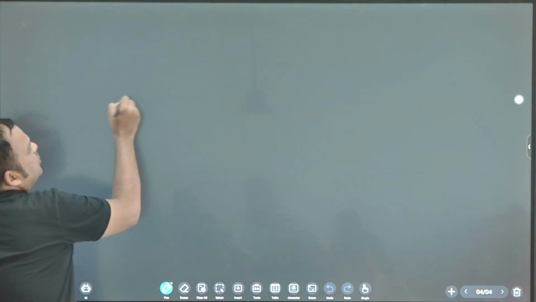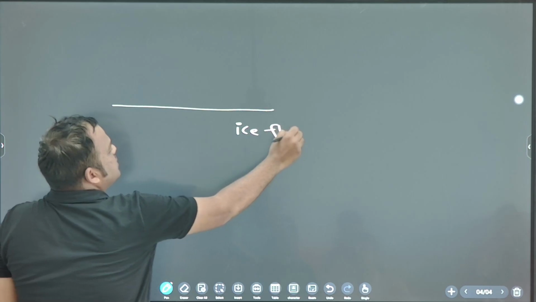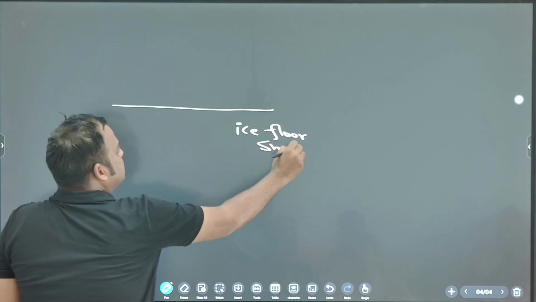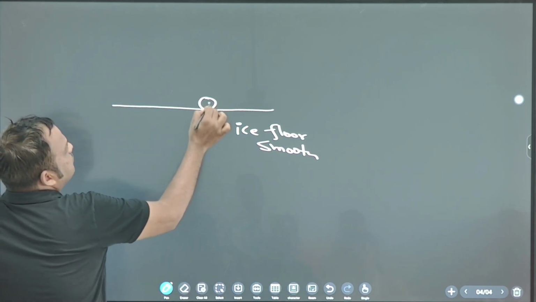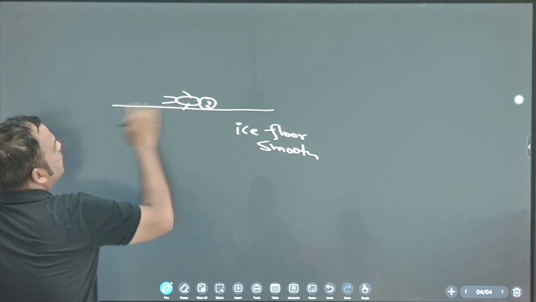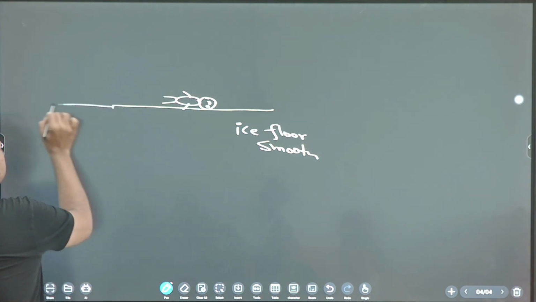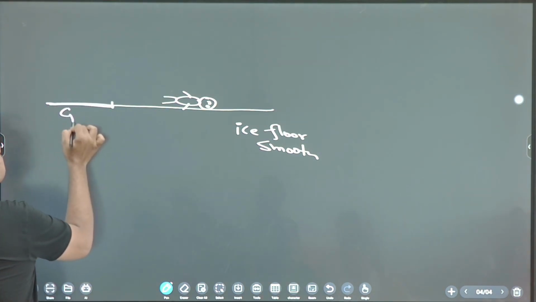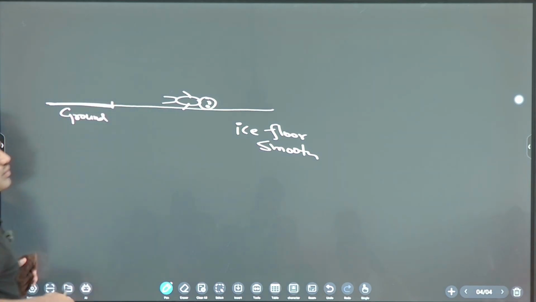Okay. Suppose you are on an ice floor. Ice floor means what type of surface? A smooth surface. You are lying on it like this, on the ice floor, and there is ground here. This is the ground. How can you come to the ground?